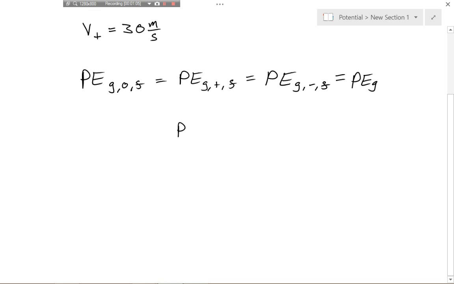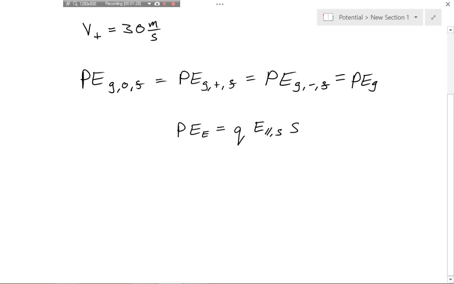Additionally, remember that the potential energy associated with the electrostatic force is given by this formula here. It's Q times the component of the electric field that's parallel to the displacement times the displacement. In this case, the displacement is just the height that the object reaches, so this is going to be the same for all of the particles.